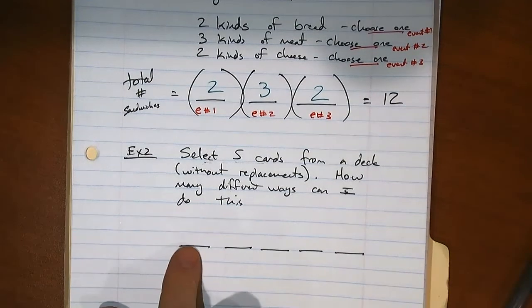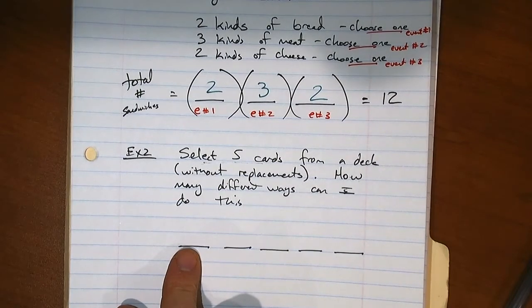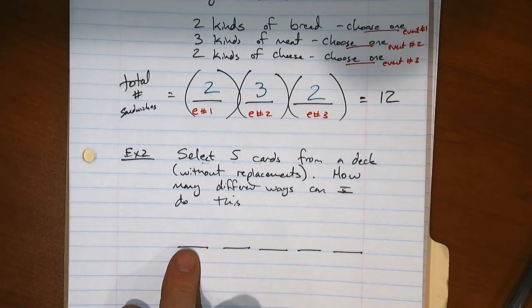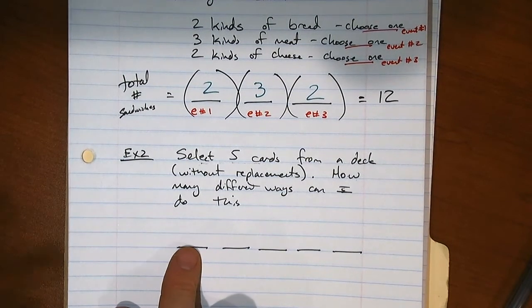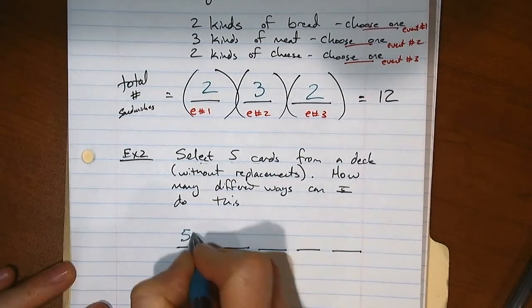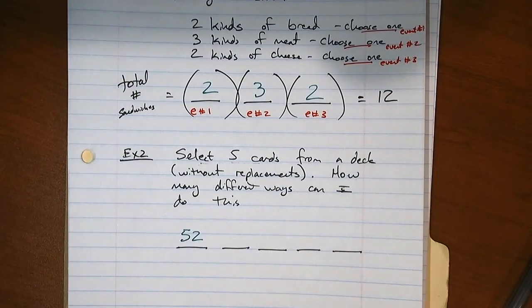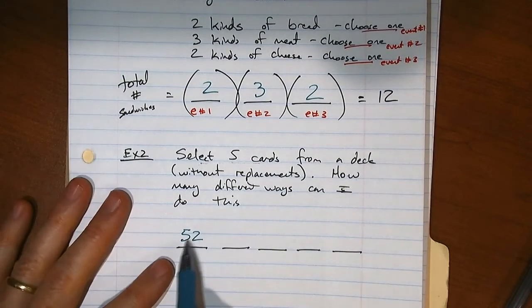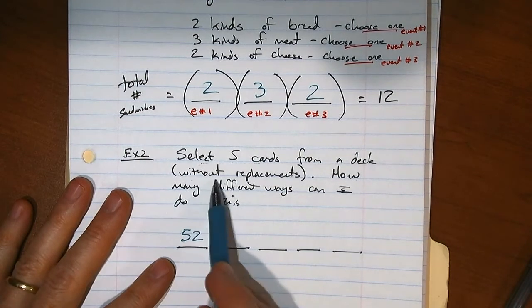Now, event number 1: if I'm picking 1 card out of a deck of 52, how many different ways could that go? I could get the ace of spades, the king of diamonds, the queen of hearts. How many options are there? There are 52 cards in the deck, so I've got 52 options. But once I've taken a card out of the deck, I'm not putting it back.